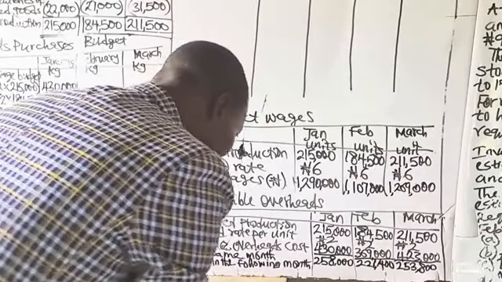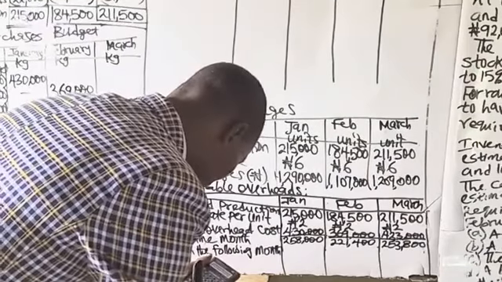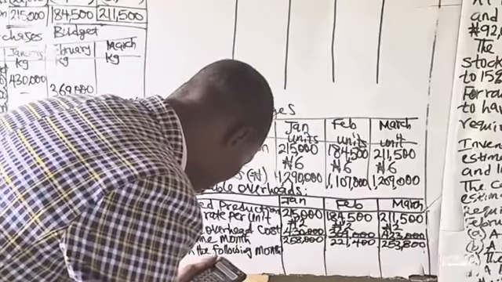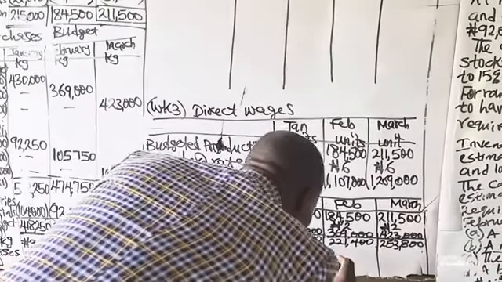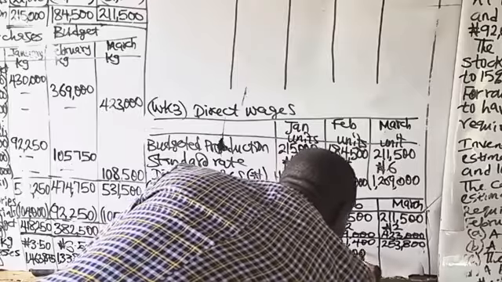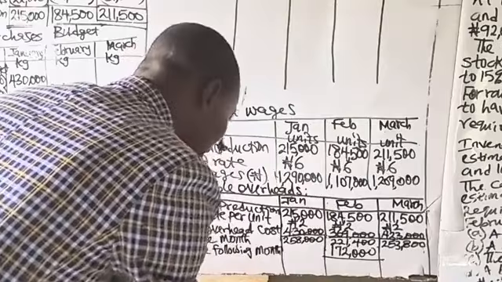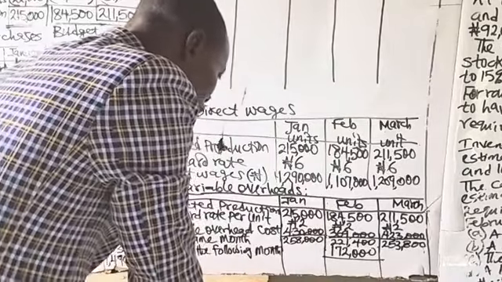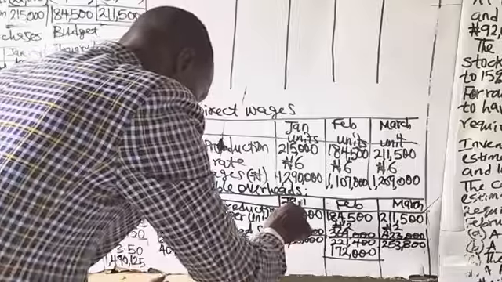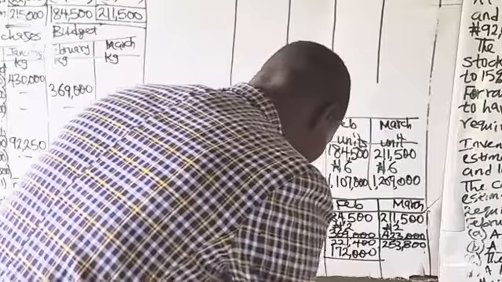So now, let's calculate 40% of 430,000. That gives us 172,000. That means of the 430,000 incurred as variable overheads in the month of January, 40% of it will be paid in the month of February.